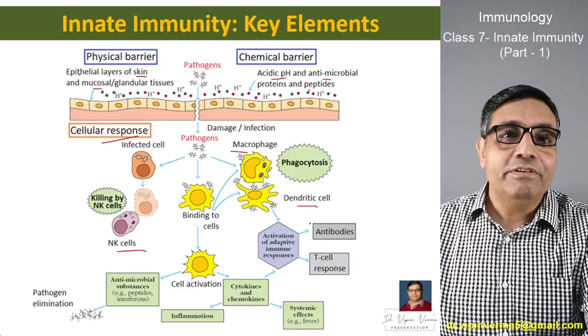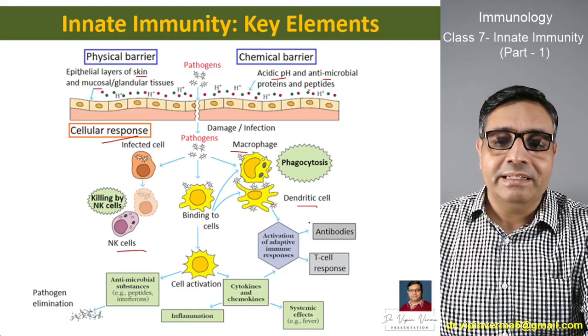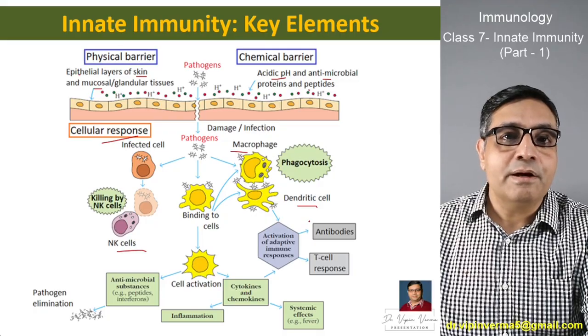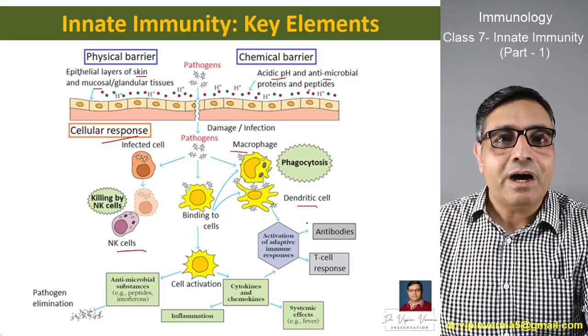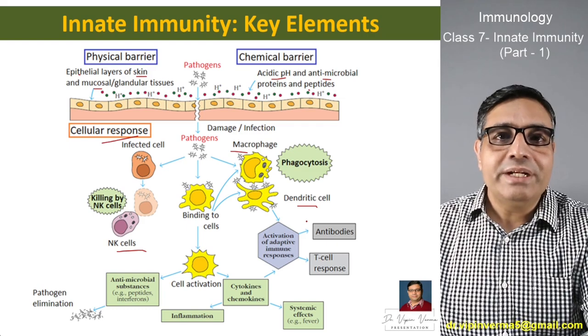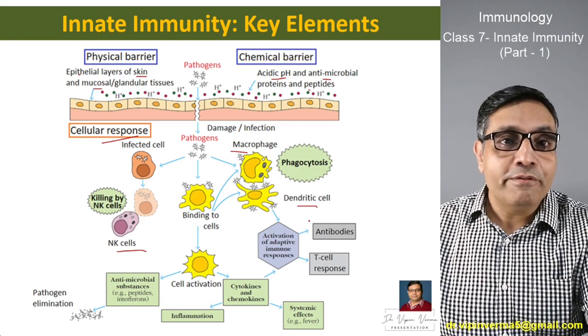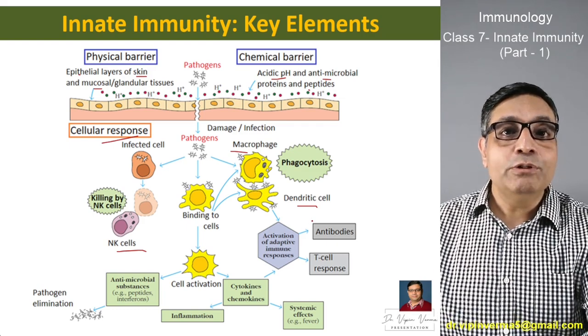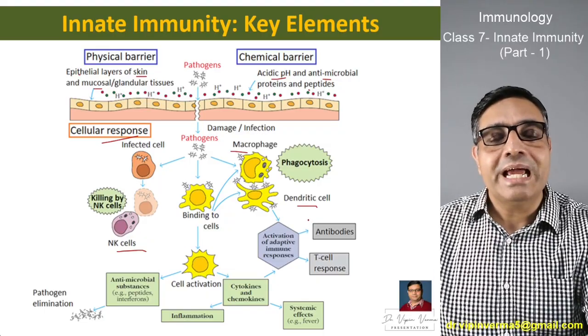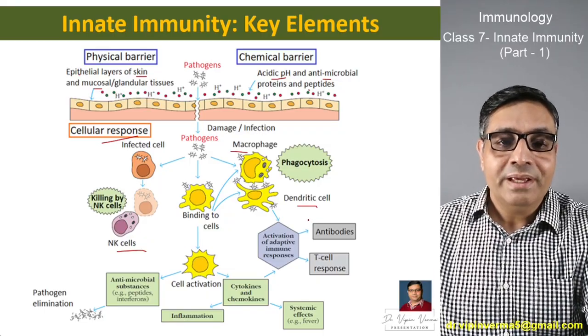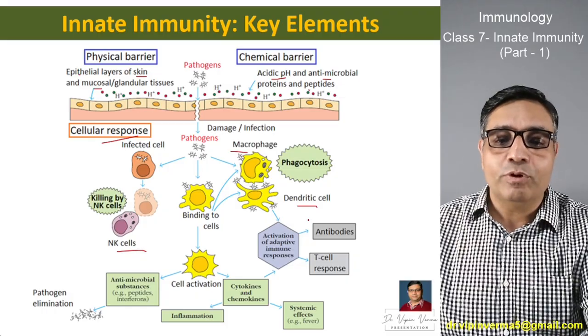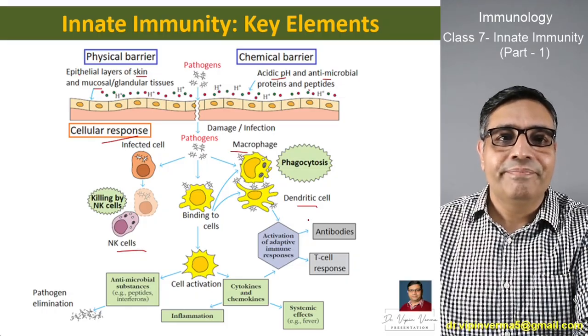Everything we will see in a complete picture, how one form of immunity is inducing another form of immunity, and how they are cooperating. But let us focus on the innate part here.